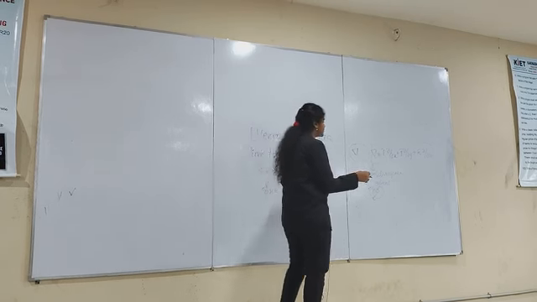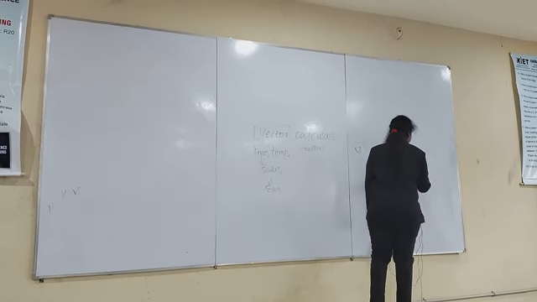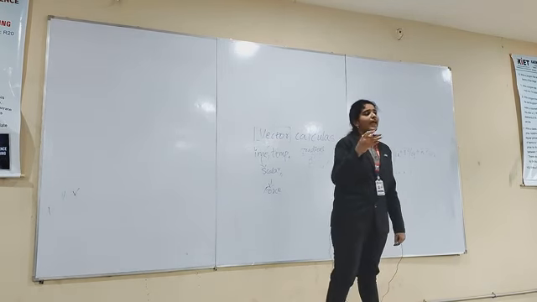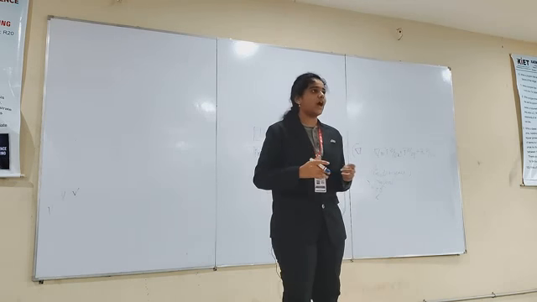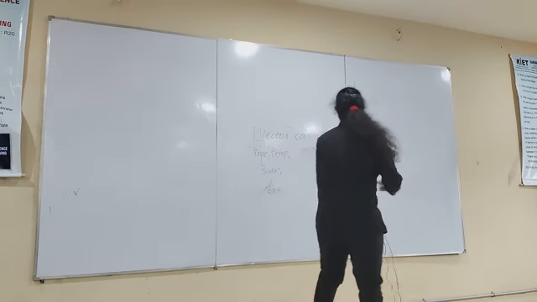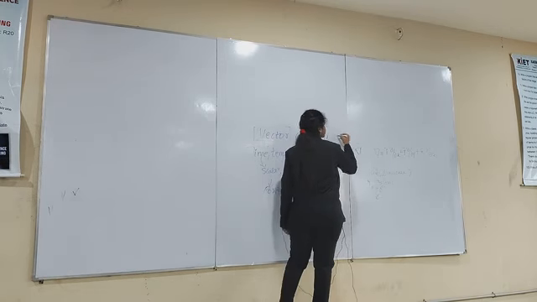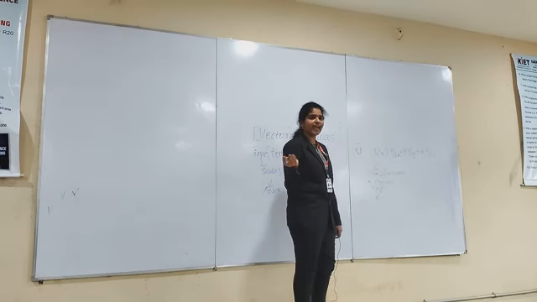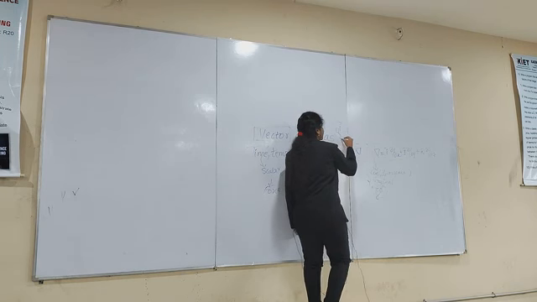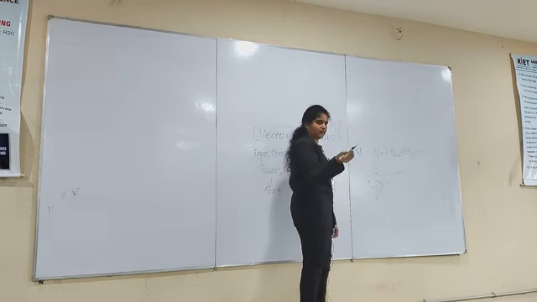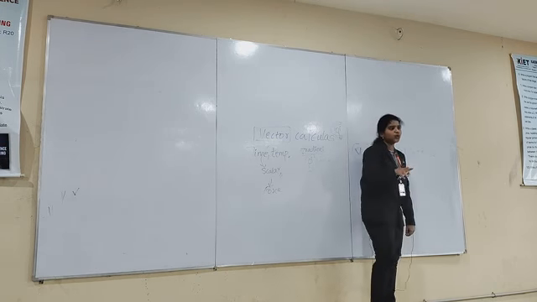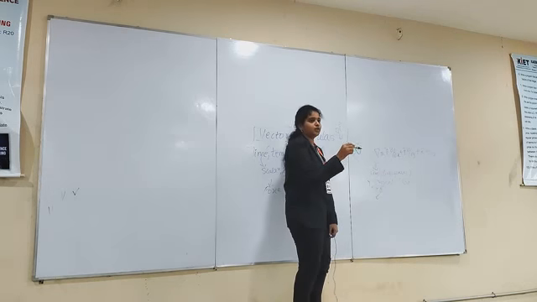In divergence we have the dot product, that means the scalar product of two vectors. When we take i dot i, the answer is 1. So in divergence we take the dot product of two vector functions.